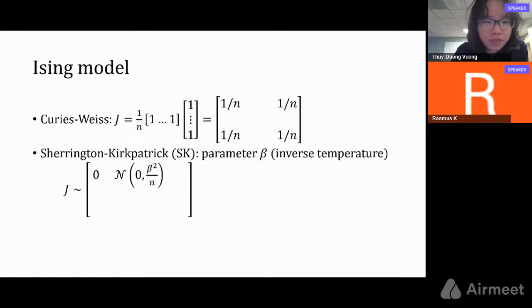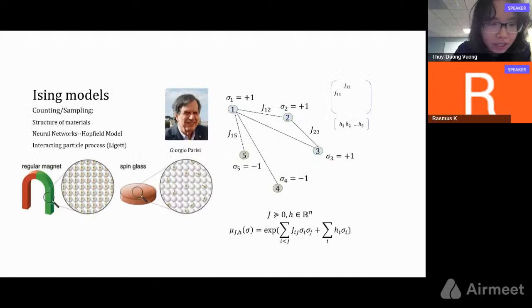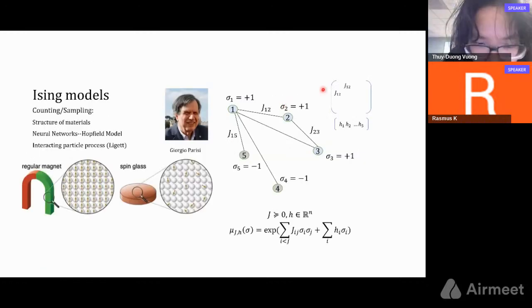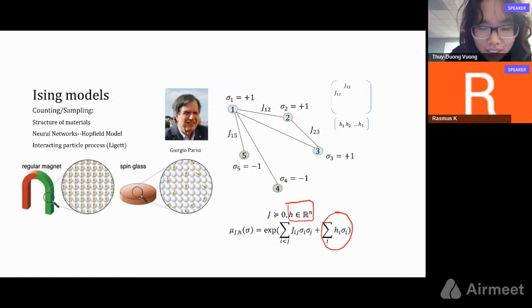The external field is related to this H vector here, is that right? Yes, exactly, the external field is the H vector. Sorry, I didn't make it clear. Yeah, okay, that makes sense.